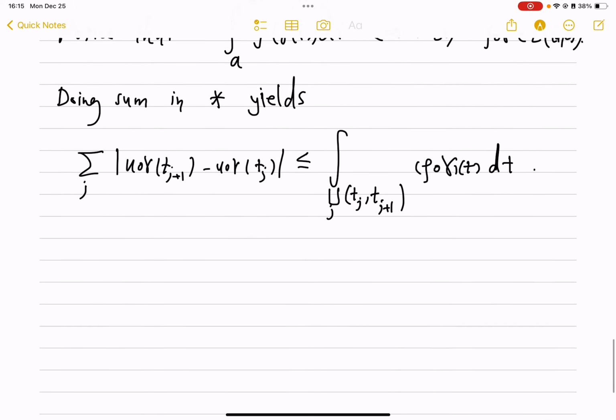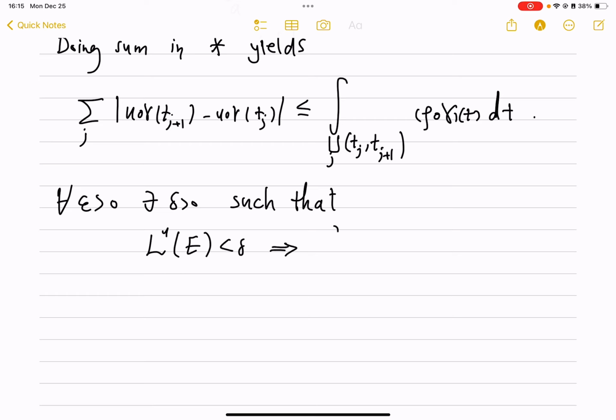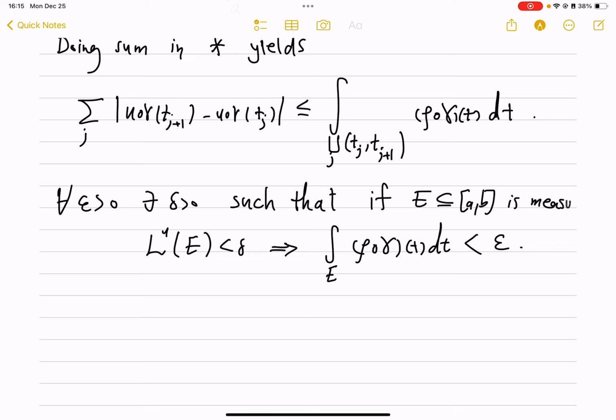dt. But now rho o gamma is an L1 function, so for every epsilon positive there exists a delta positive such that if the L1 measure of a set E is less than delta, then the integral of rho o gamma t dt over E is less than epsilon, if E is a measurable subset of AB.